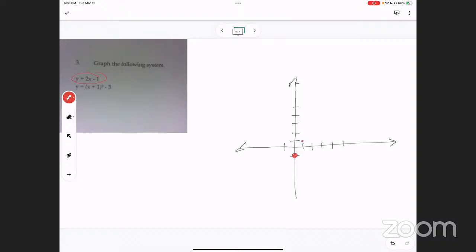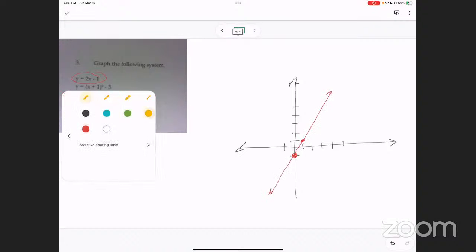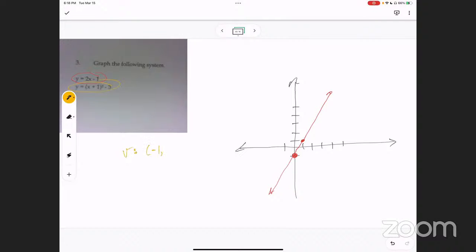Up 2 over 1, okay. And then connect them. Okay. Now what? And then you find the vertex of the second one, which is -1, -3. Okay, -1, -3.